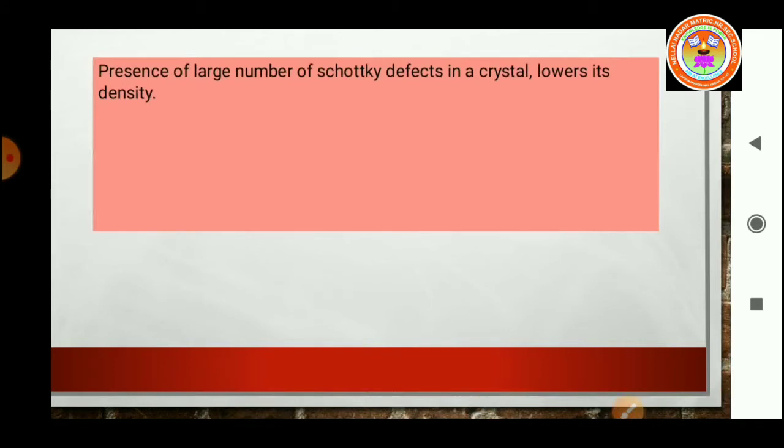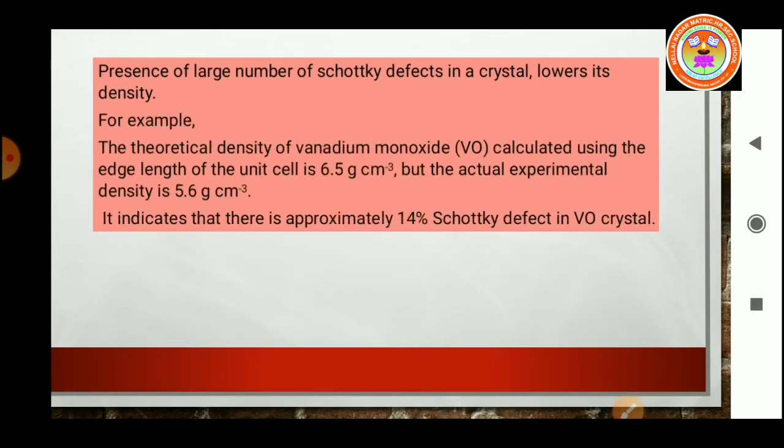See here, the presence of large number of Schottky defects lowers the density, because missing of cation and anion in the crystal affects the density of the crystal. For example, what is the value of vanadium monoxide, theoretical value and experimental value? Theoretical density of vanadium monoxide calculated using the edge length of the unit cell is 6.5 g cm^-3.